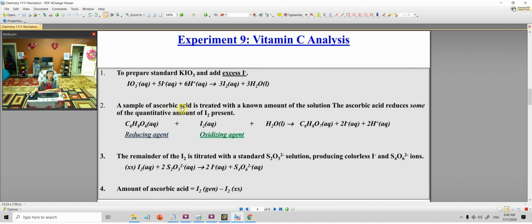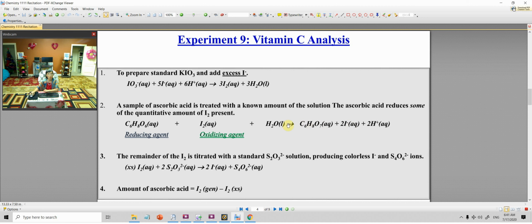Your sample of ascorbic acid is going to be treated with the known amount of the solution. The ascorbic acid is going to be oxidized and reduce some other party into negatively charged ions. For example, your ascorbic acid can reduce this iodine into the iodide, and by itself becomes C6H8O7.